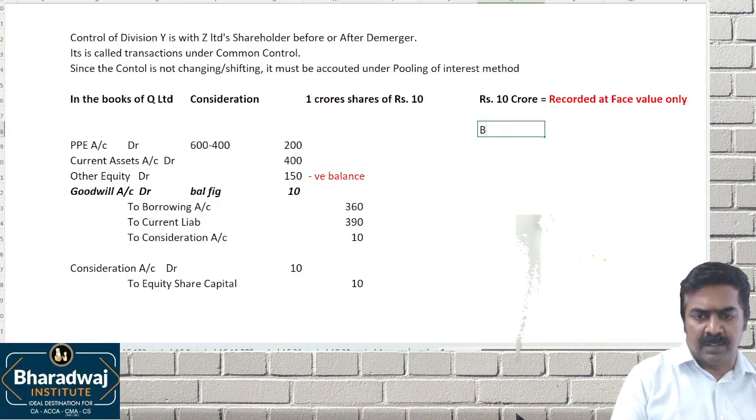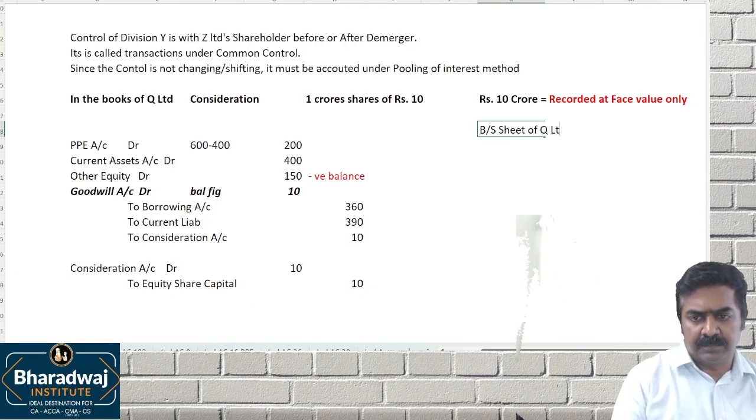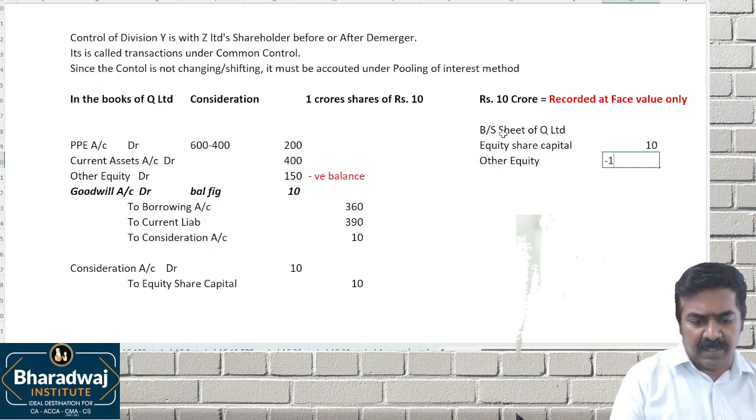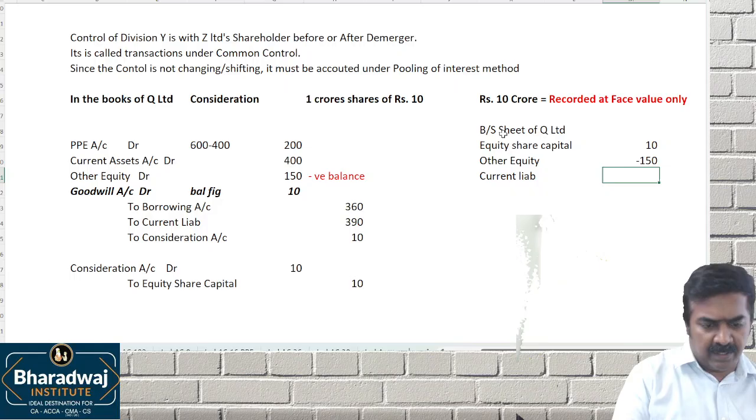If we prepare the balance sheet of Q Limited: equity share capital 10. Other equity will have a negative balance of 150. Current liability will be 10.